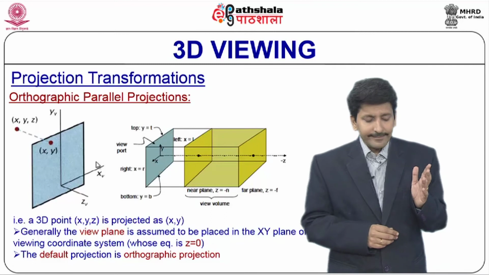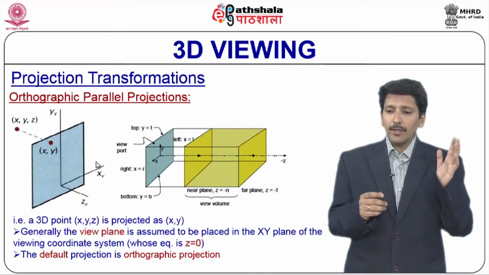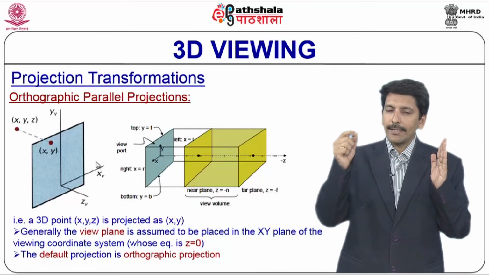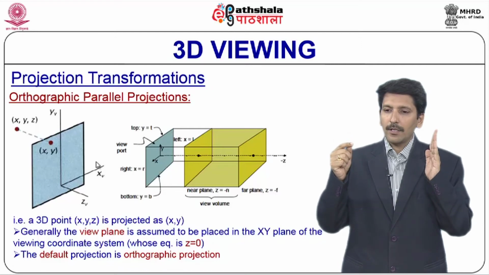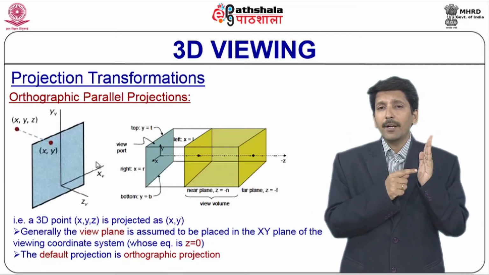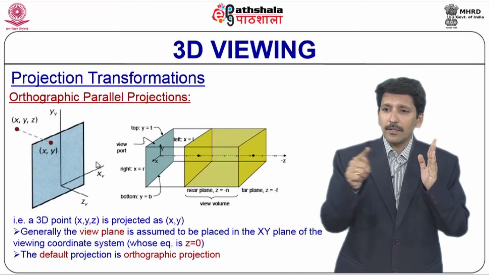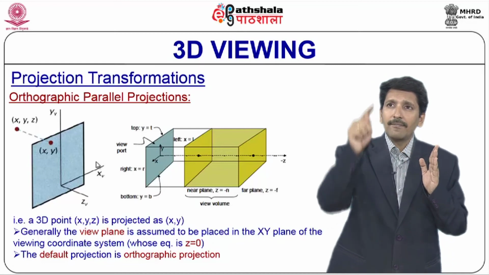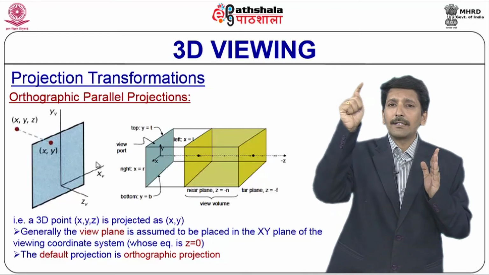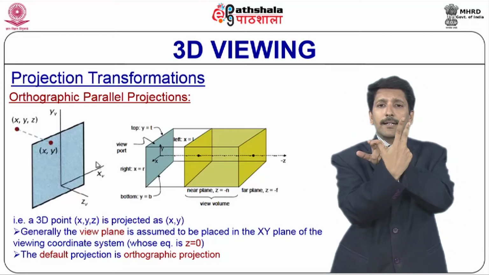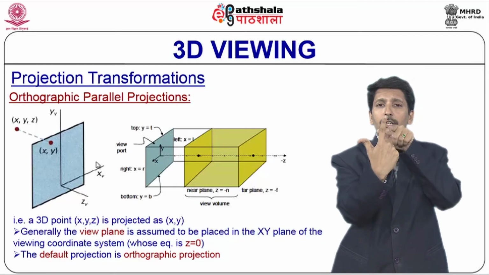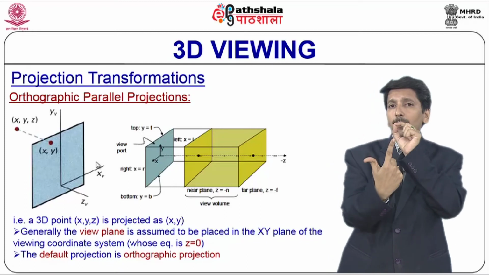Now, again, imagine you have a position in space x, y, z, and this is the xy plane of the viewing coordinate system. How do we identify a point in 3D space? You travel x units along the x direction, y units along the y direction, and z units along the z direction, and you identify a point.